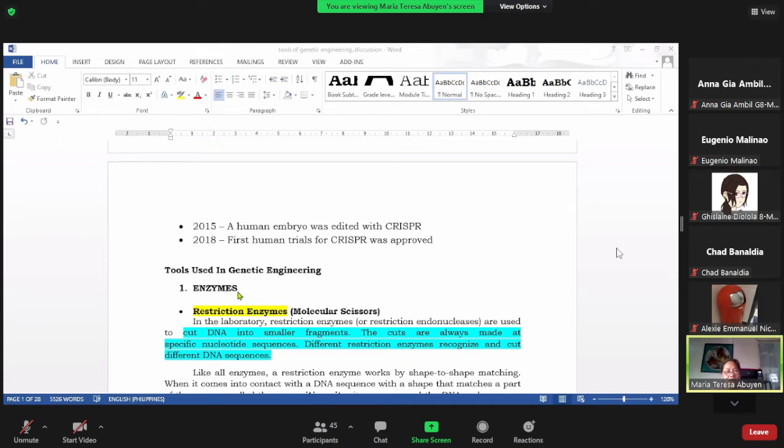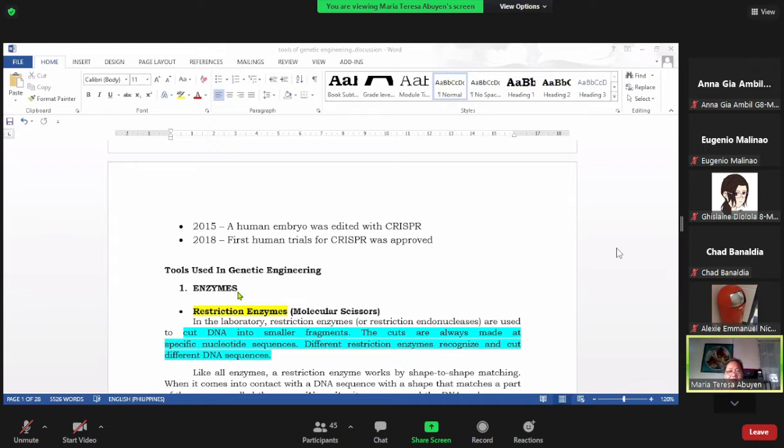Our cells undergo many chemical reactions. For cellular processes to take place, enzymes play a great role.